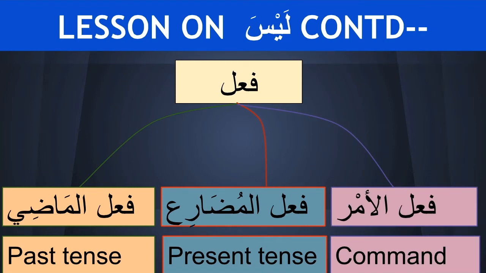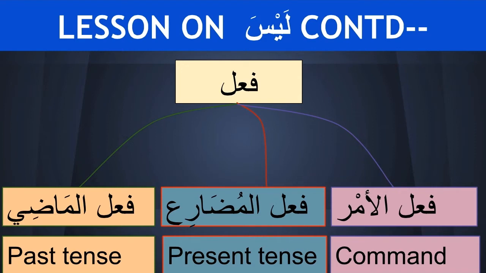So any verb which you take can be conjugated in past tense, present tense, and in amr. For example, if you say kataba yaktubu uktub, so he wrote, he writes, and write. So that's the normal verb sequence.